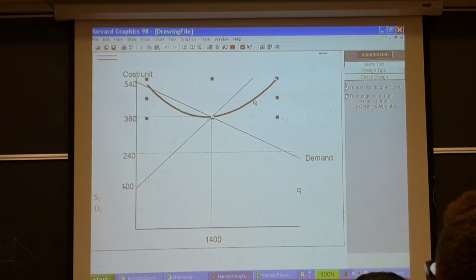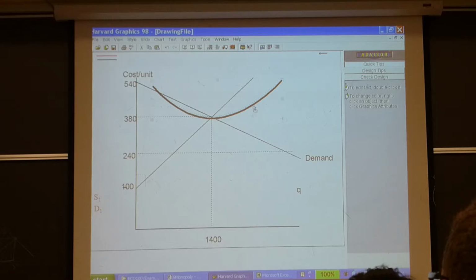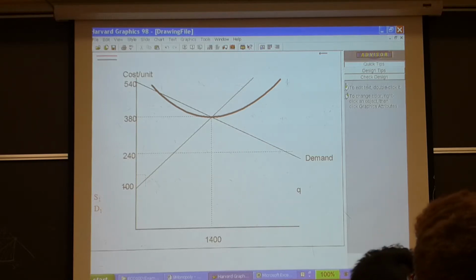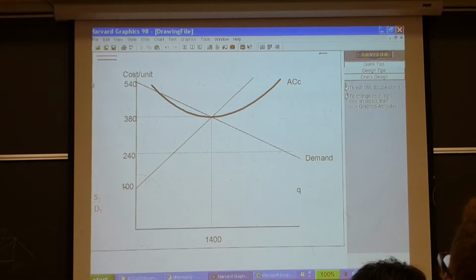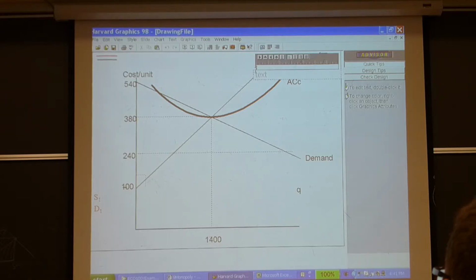Remember, this would be the sum of all the average cost functions in various firms. It's at a minimum, or a little bit back there, right? This would be the average cost function, competition, and this would be supply for competition.